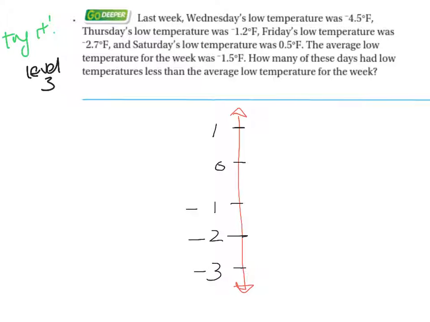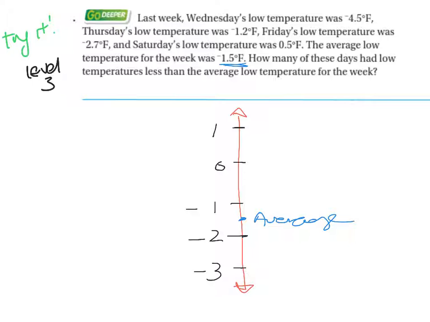Okay, it's not perfect. I tell you, I'm just not the best at drawing these. And the average temperature, it says in the middle of this line, was negative 1.5 degrees. So it's right about here. And this is average. And so we're looking for any number that's going to be less than that average. And we're looking to see how many days it will be.